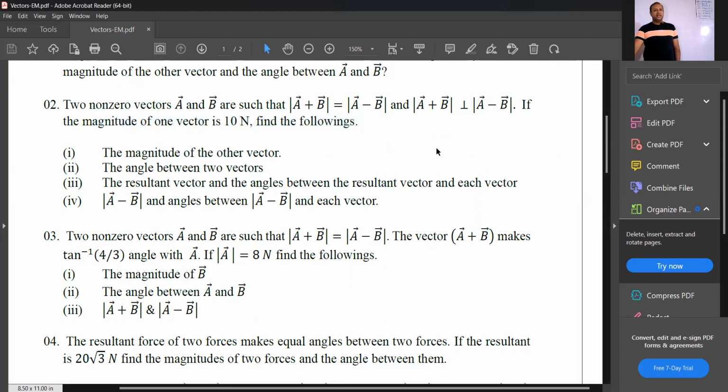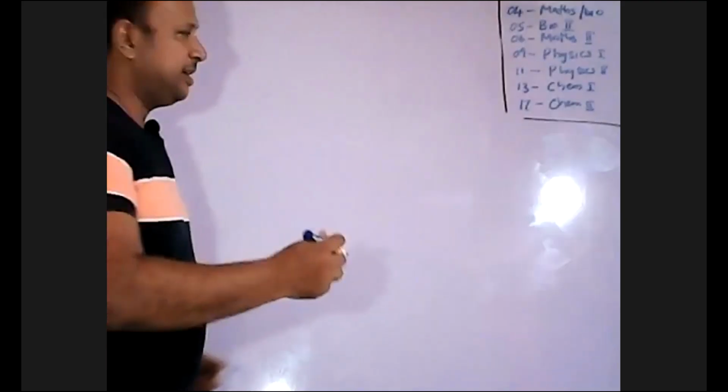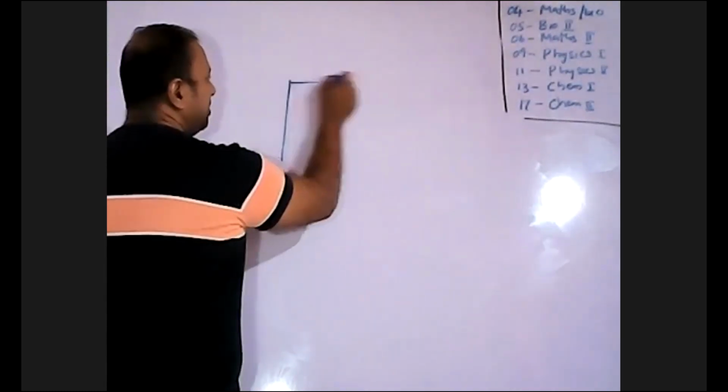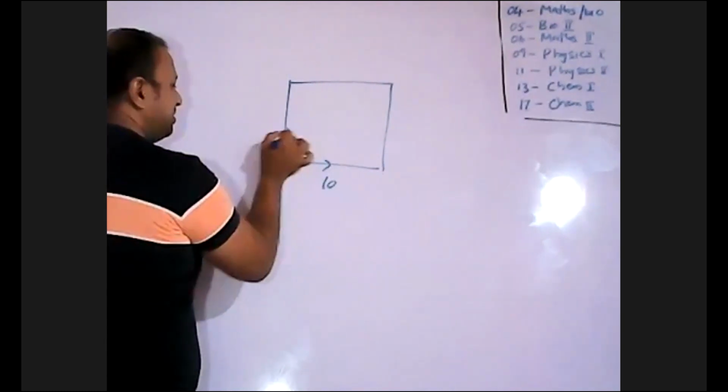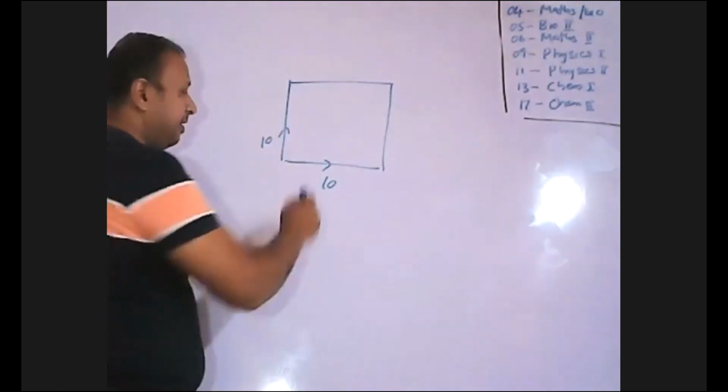Don't understand? Look at this. The second question. The root 2 thing means, suppose this side is 10, this is also 10.